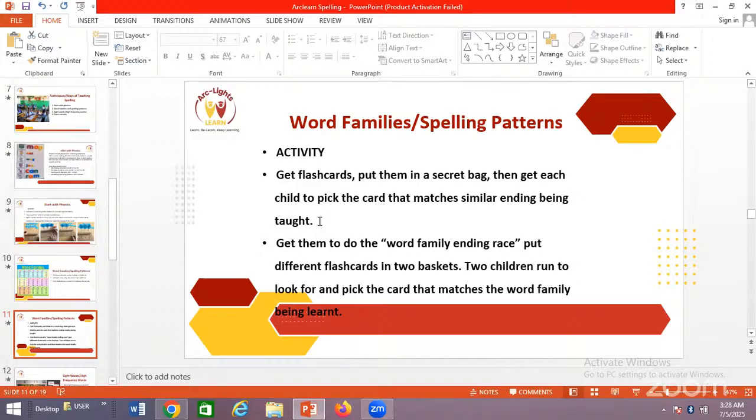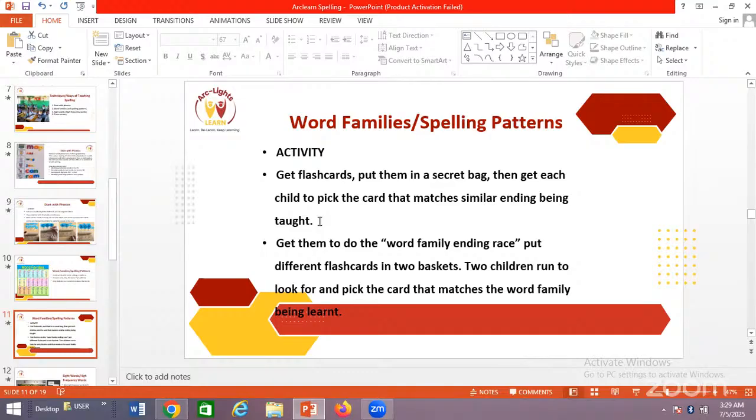Sellotape it, and then you have a laminated flashcard, and it will last you forever. So you put these flashcards in a secret bag. Of course, every child must take part in all these activities we're talking about. So you put them in this bag.